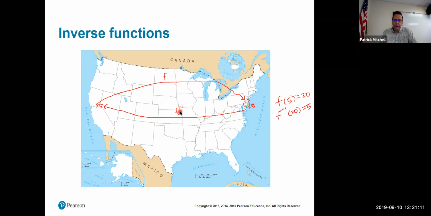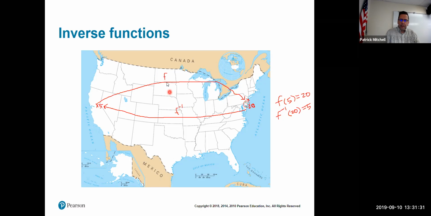Remember, f inverse circle f means function f goes first. f would take me from 5 to 20. f inverse would take me from 20 back to 5. So f inverse circle f of 5 would just be 5. It would take you back to the original number.